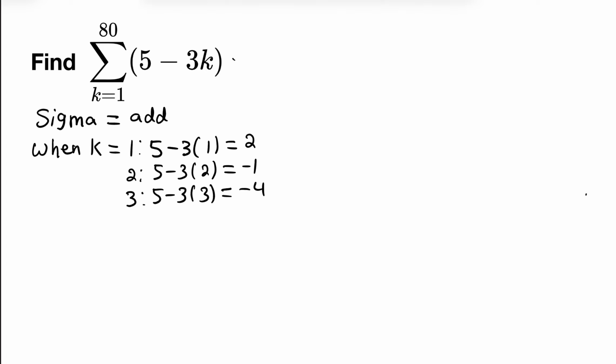So we'll set this equal to the sum of 5, k equals 1, and we have 80 on the top. All right, and that's minus the sum of 3k, with k equals 1 on the bottom and 80 on the top.